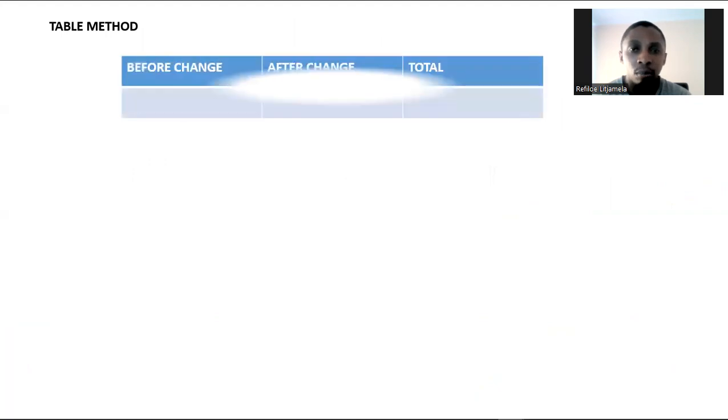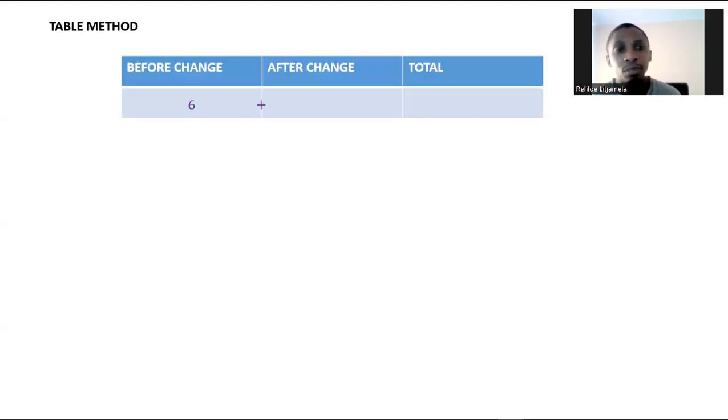To record this, I did the table method. For the table method, you just look at the number of months before the change. The number of months before the change in this example will simply be 6, and then the number of months after the change times the percentage increase.